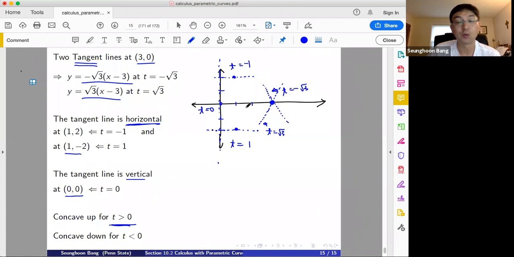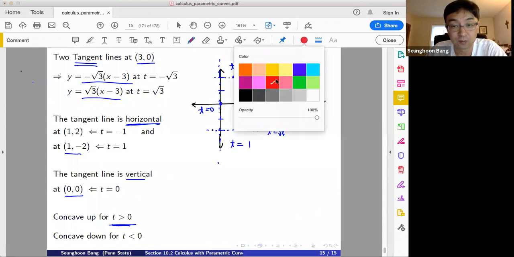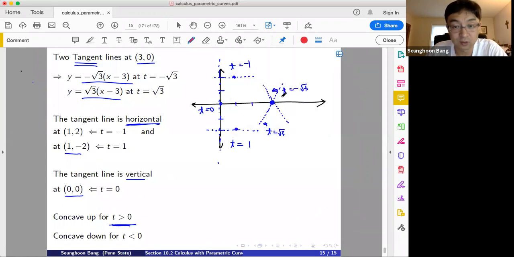You can connect these points: 1, 2, 3, 4. These are 4 points, using concavity, the vertical tangent line and the horizontal tangent lines. What does the graph look like? The graph is like this. Passing through here, only touching the tangent line, concave up, going up like this. We have a horizontal tangent line, concave up, concave down, and the vertical tangent line.